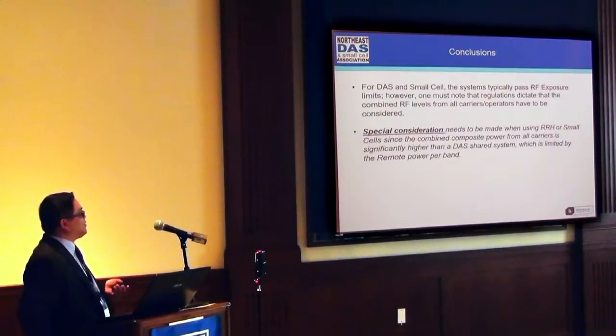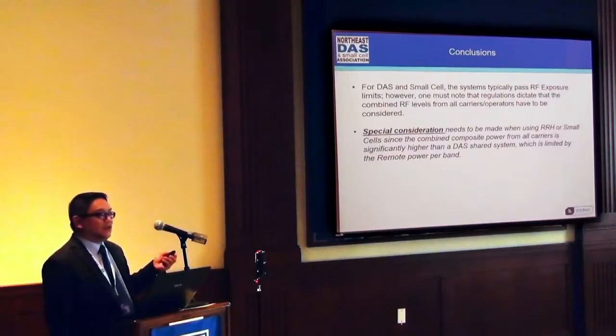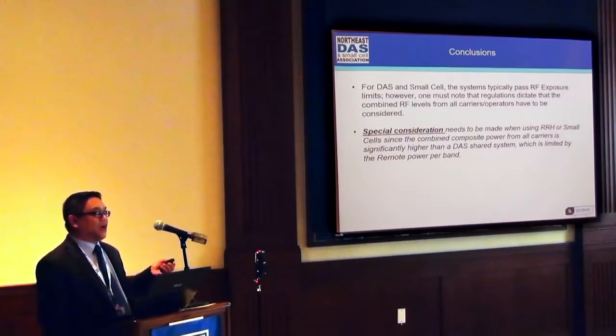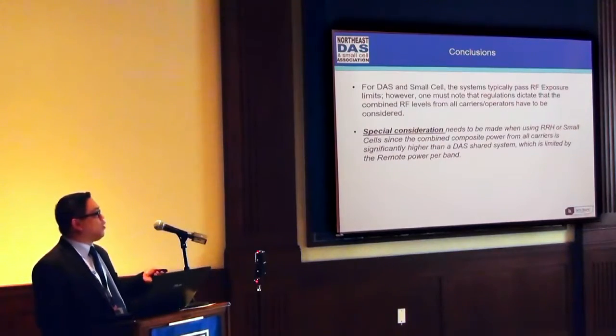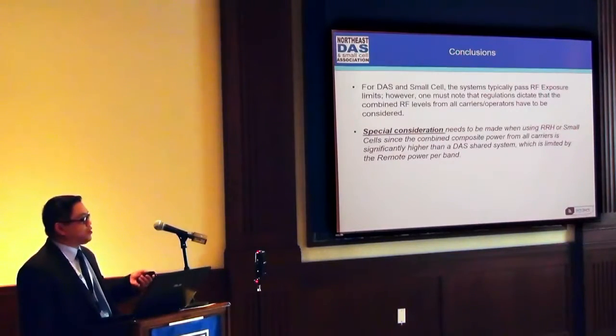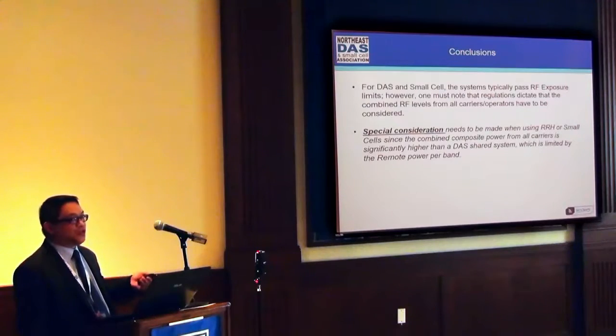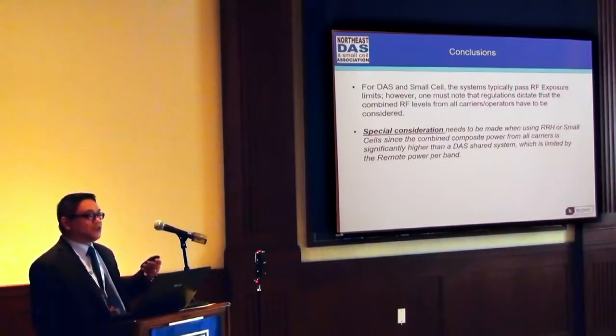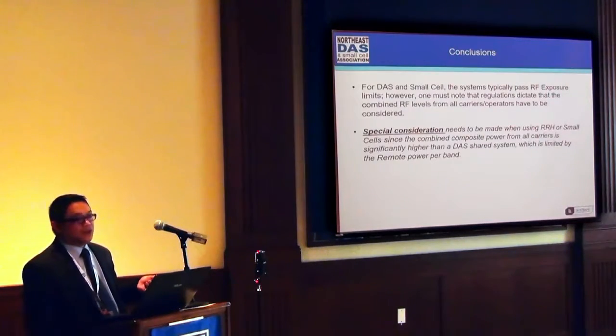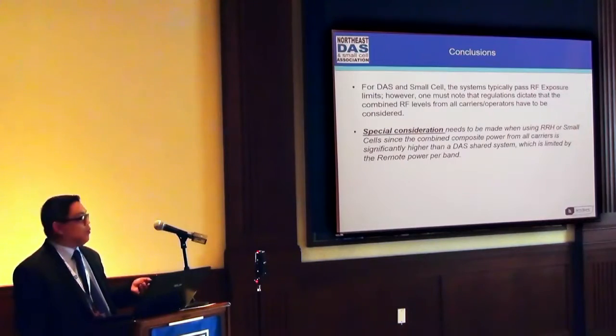So in conclusion then, although in most cases RF compliance passes, it is still critical for carriers and third-party operators to ensure that they actually look at the RF compliance of the systems that they're deploying. Because if they don't consider that, it is possible that you'll actually fail your FCC compliance.